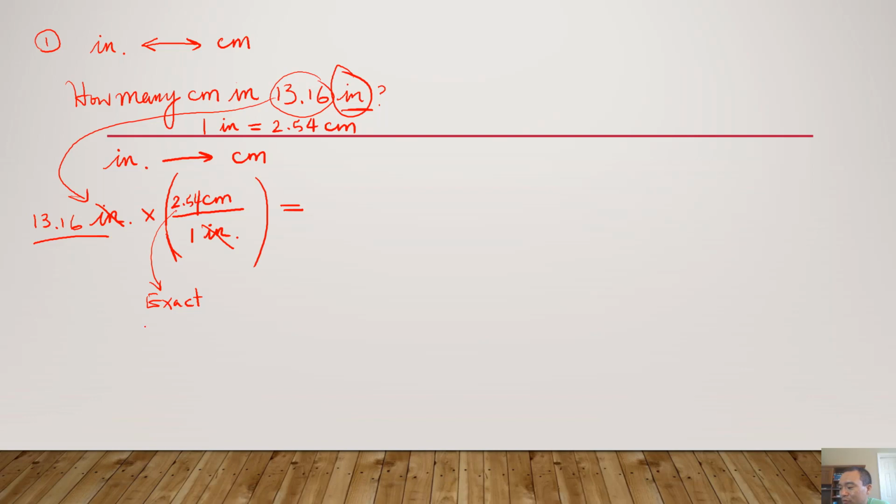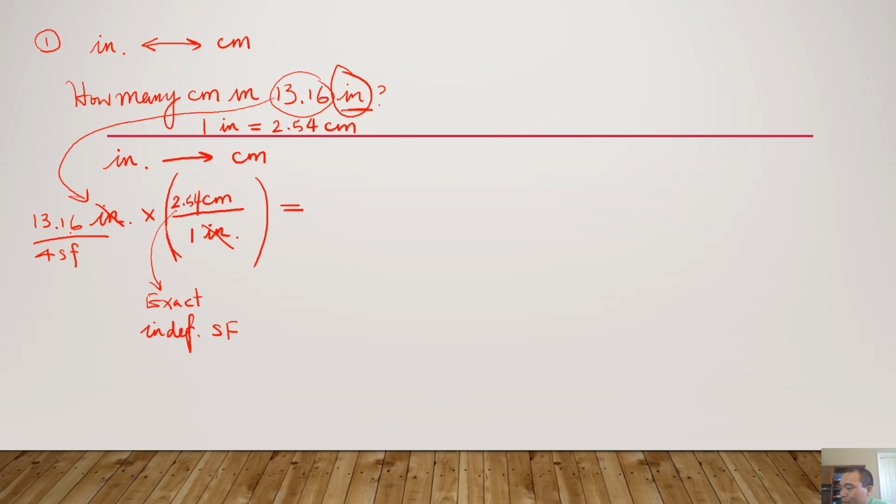So for the whole thing, again, this has indefinite number of sig figs. For this reason, the whole calculation, which is a multiplication or division, you will keep 4 sig figs, because the other one is unlimited number of sig figs or indefinite number of sig figs.